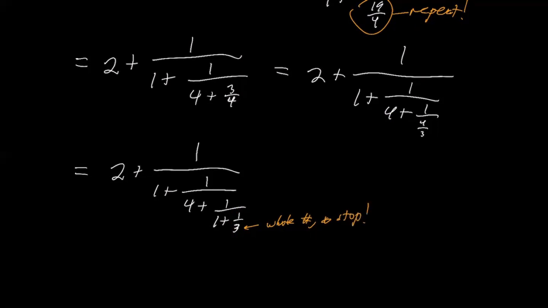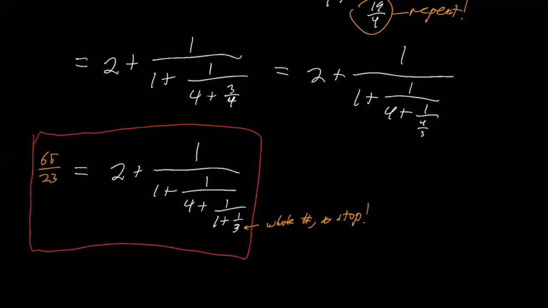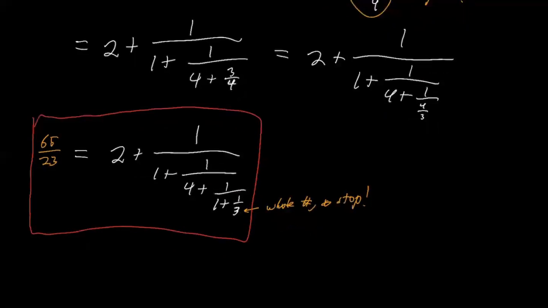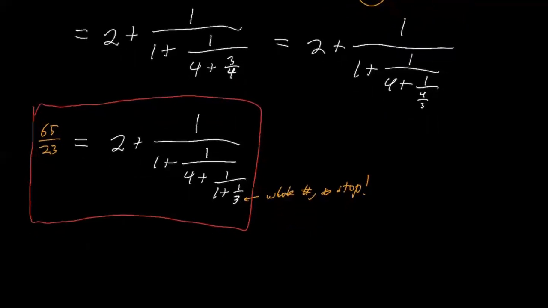Okay, and so in fact, this right here is the continued fraction of 65/23. It's 2 plus 1 over 1 plus 1 over 4 plus 1 over 1 plus 1 over 3. But you have to think of those as nested fractions, right? So that's called a continued fraction.